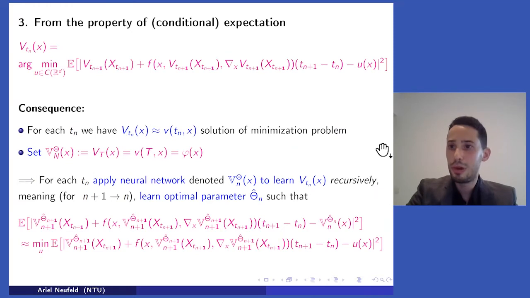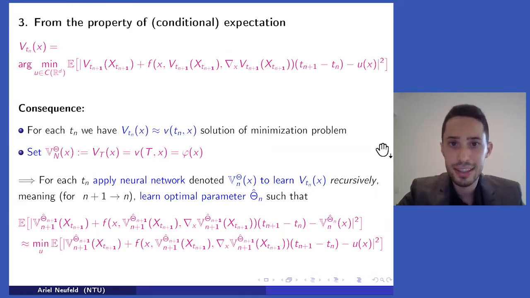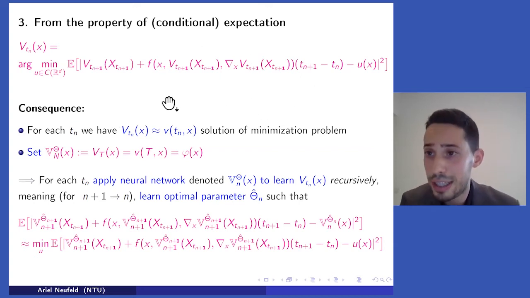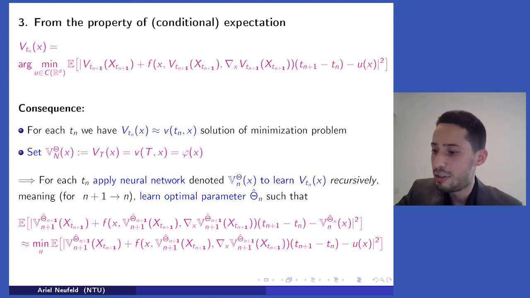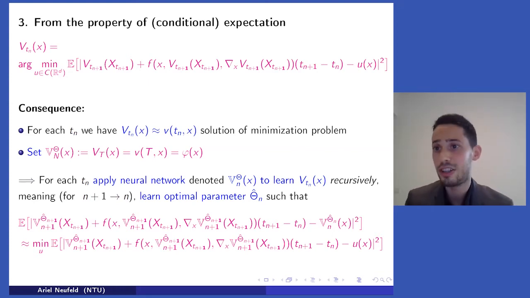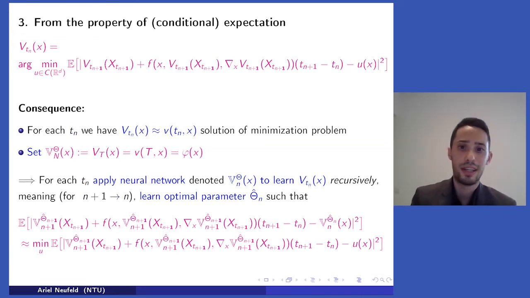So in particular, V(Tn) is a solution of this quadratic minimization problem, by the property which I showed you at the beginning regarding the minimization property of an expectation or conditional expectation.